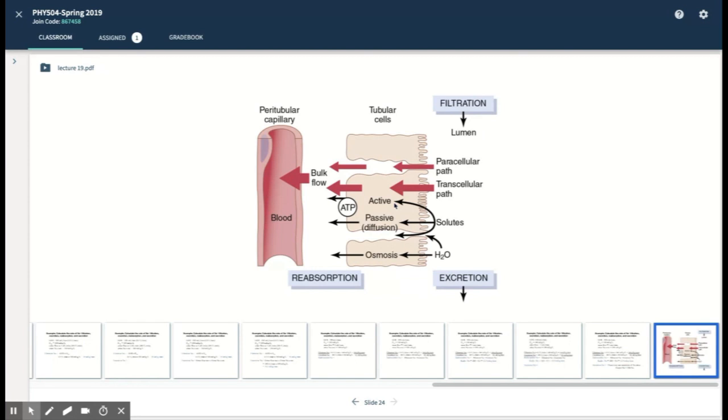In this case, we are looking at the lumen, and then this would be your interstitial fluid going toward the blood. The lumen, that means that this membrane is called what? What is this membrane called? Basolateral.